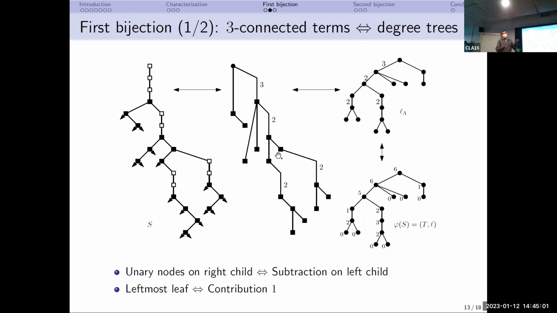So we may say that the rules for degree trees are a bit strange, but in fact, if we observe that the label of each node corresponds to exactly the number of free variables minus 1 in the subterm, then the rules get explained really quickly. For example, if we want to consider the possible labels of this node, we'll see that it's just the possible number of free variables in the subterm.